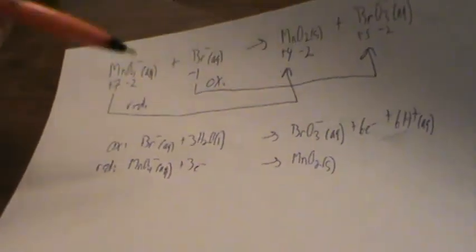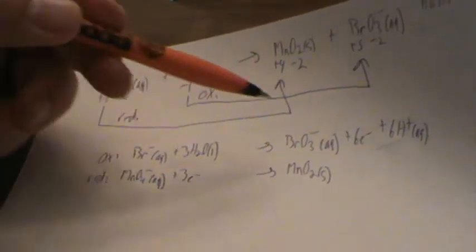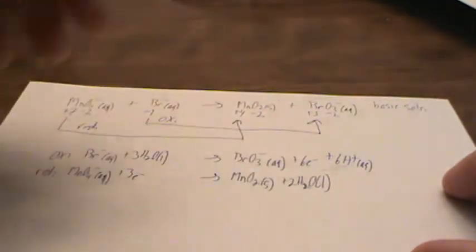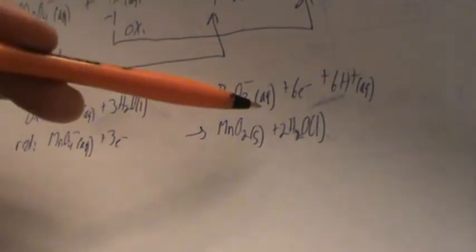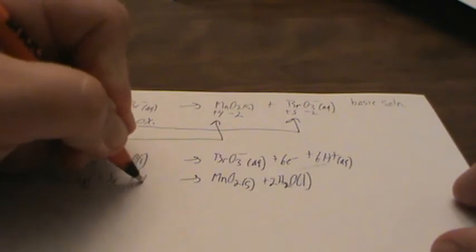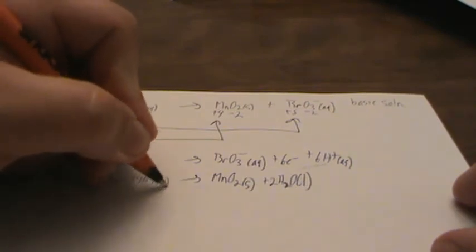Okay, now oxygens. We have 4 oxygens on the left and we have 2 on the right. So I'm going to add in 2 waters to balance that out. Now hydrogens. We don't have any hydrogens over on the left-hand side. Right-hand side we have 4. So I'm going to add 4 hydrogen ions to the left-hand side to balance that out.